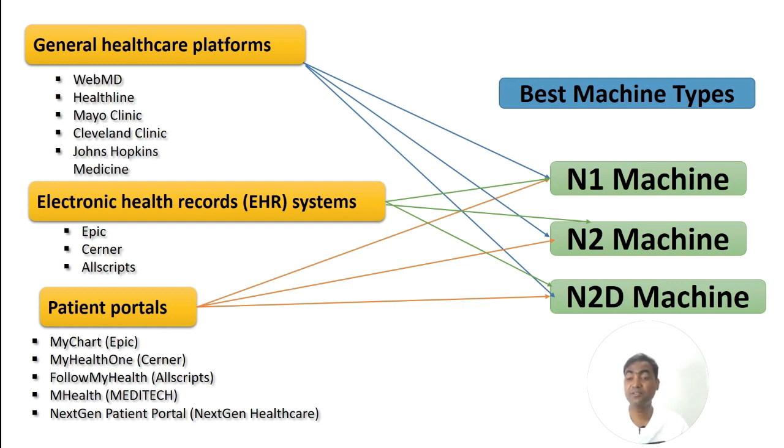The best machine family type to select for a healthcare platform website in GCP is the general purpose machine family: N1, N2 or N2D. Healthcare platform websites typically have a mix of static and dynamic content, and they need to be able to handle a variety of workloads such as patient portal, medical record system, billing system, and more.